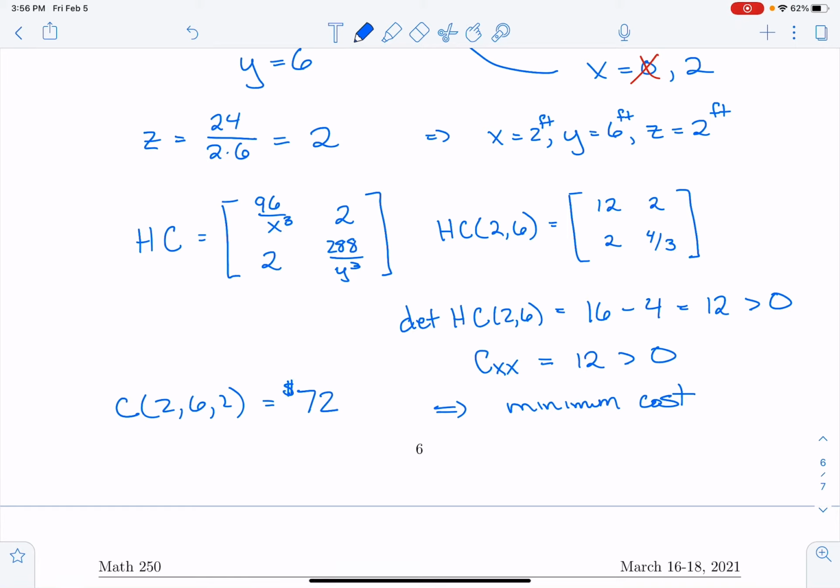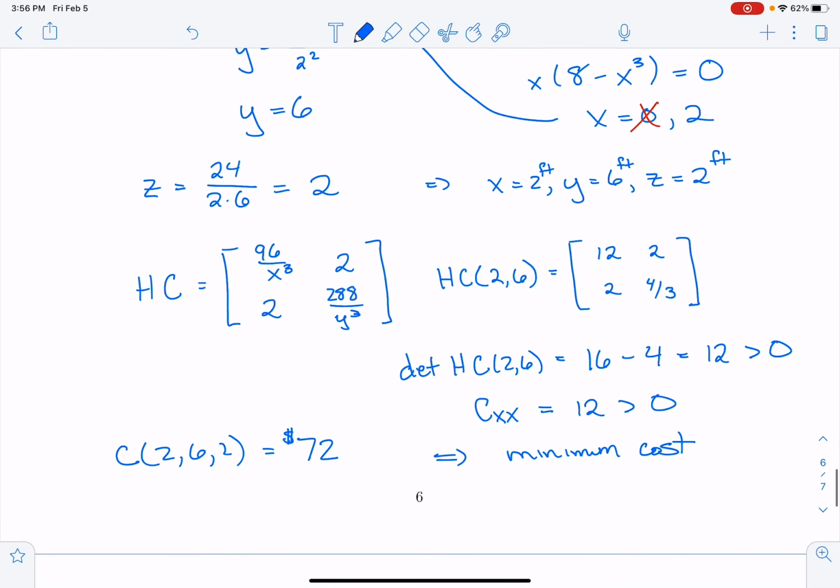So the cost of this box is in fact going to be $72 when I plug in 2, 6, and 2.